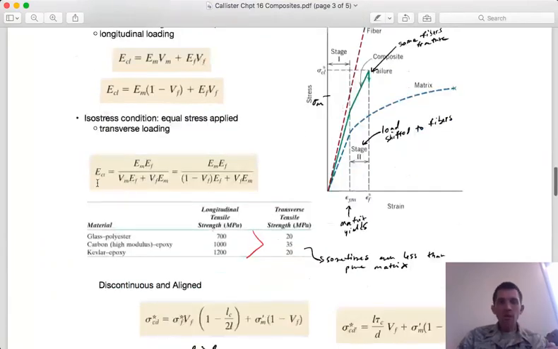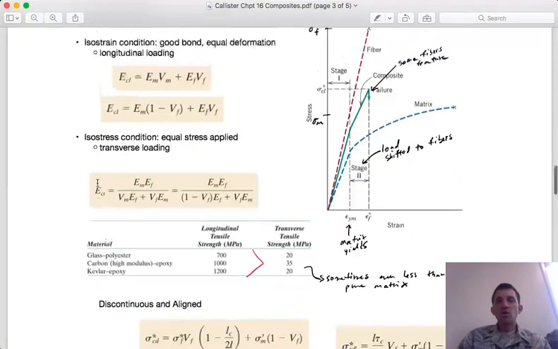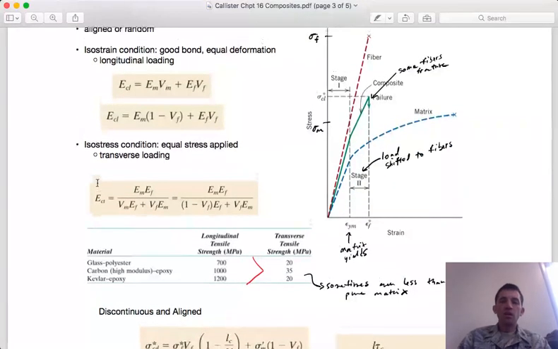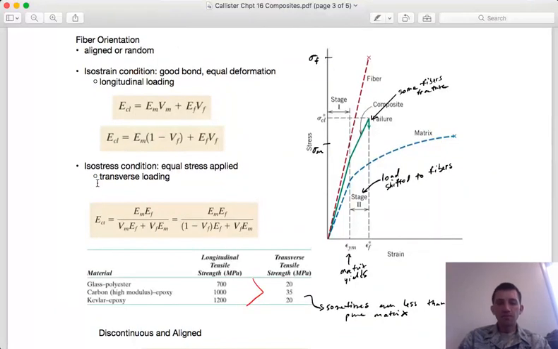And so I have equal stress to all components, so they're not really pulling together; they are pulling separately. And it's not really acting as a composite material. It's kind of acting as a collection of different regions of different materials. And so this would be kind of the lower bound or the worst case scenario.